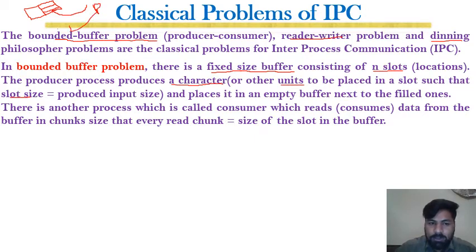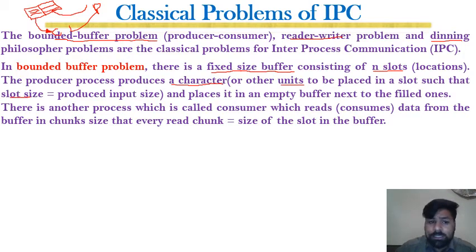The consumer process reads the data from the buffer, and it reads a complete chunk of data located in a single slot. So in a single read operation, it reads the data from one slot.